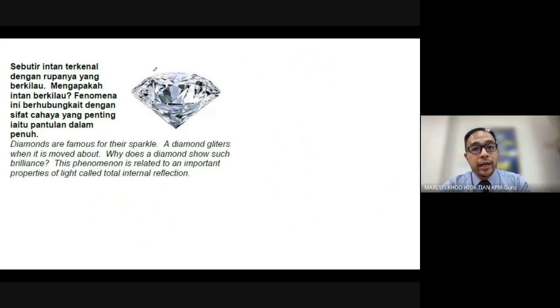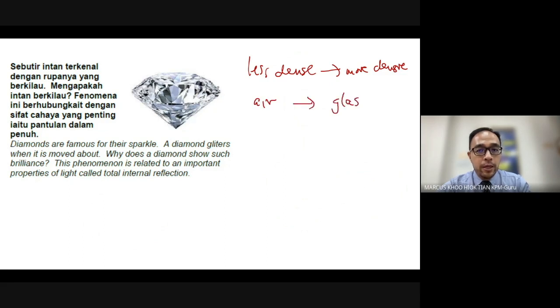Generally, if you're going from a less optically dense to a more optically dense material, say for example, from air into glass, the refraction will be nearer to the normal.